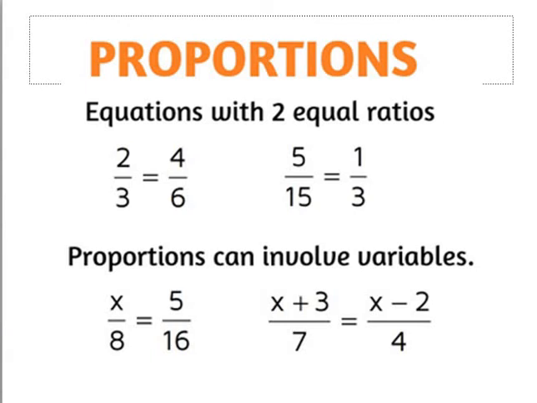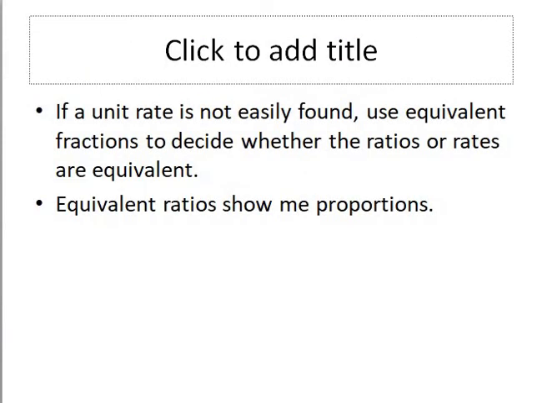So I will use a proportion to find it out. I will use a proportion more to find an unknown value in the other lesson. But today, we will depend on it in finding out if two ratios are equivalent or not.